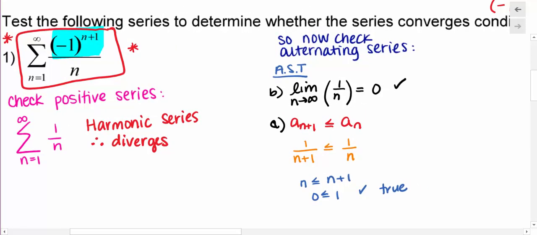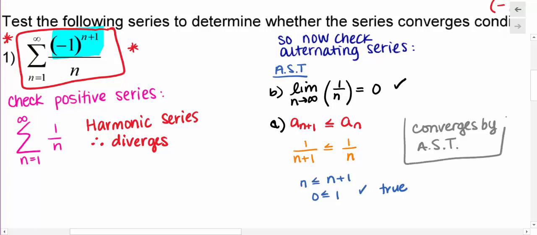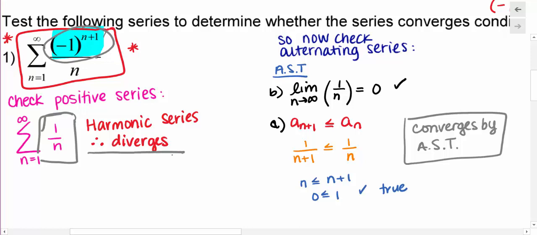So I do know that this alternating series converges by alternating series test. But what I would say further is, when I put this alternating condition on it, it converged. But without that alternating condition, if I just took a look at that positive series, it diverged.